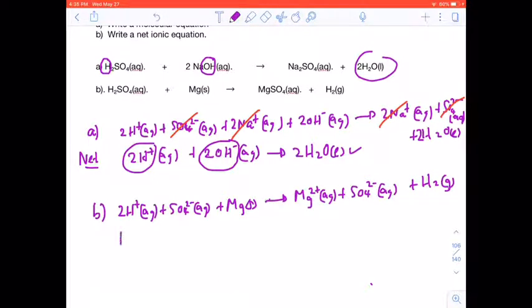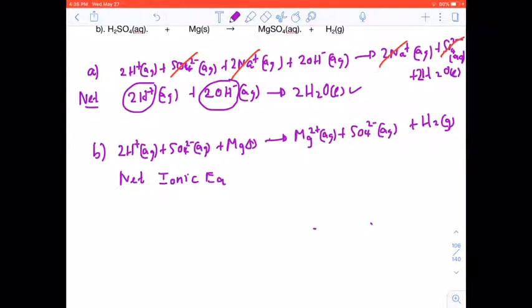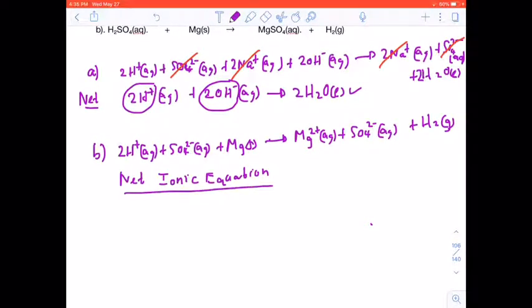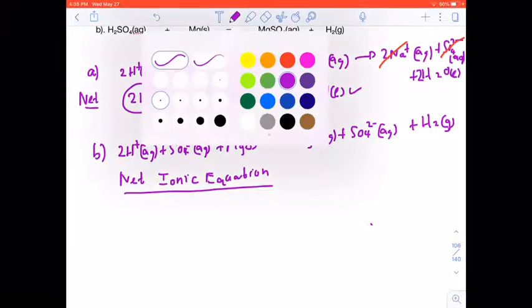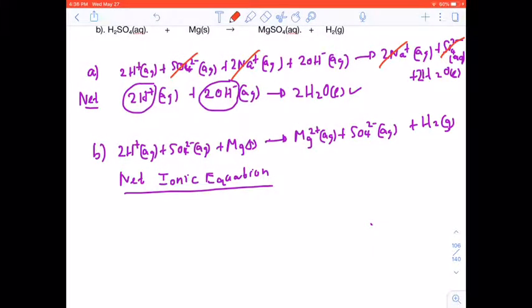So if we write the net ionic equation here, and if you look at this, we say, all right, I got my sulfates there, I got my sulfates there. Are there more spectator ions?